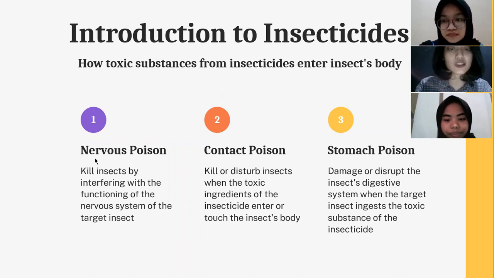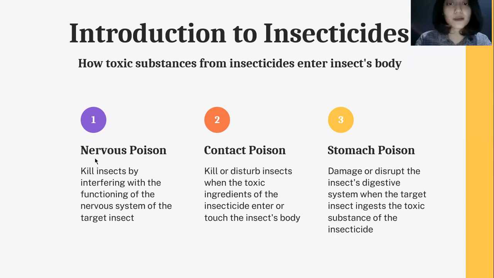And the second is contact poison, an insecticide that kills or disrupts insects when the toxic ingredients of the insecticide enter or touch the insect's body. And the third is stomach poison, an insecticide that damages or disrupts the insect's digestive system when the target insect ingests the toxic substance of the insecticide.